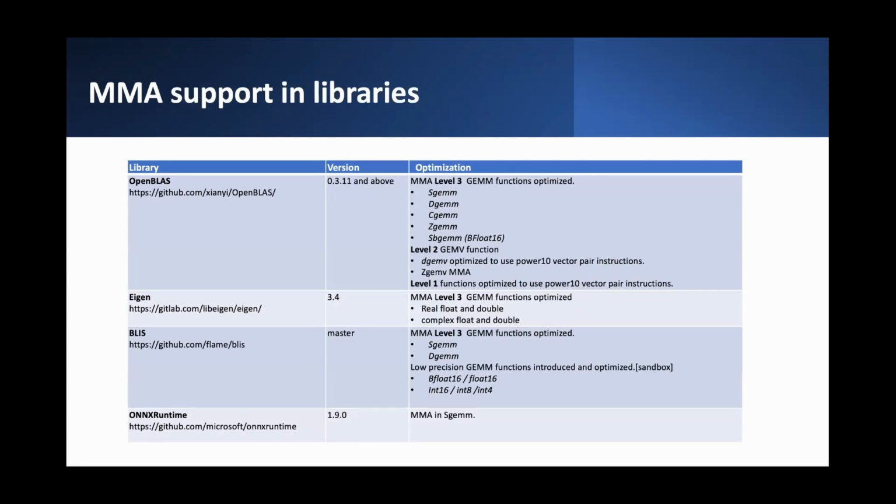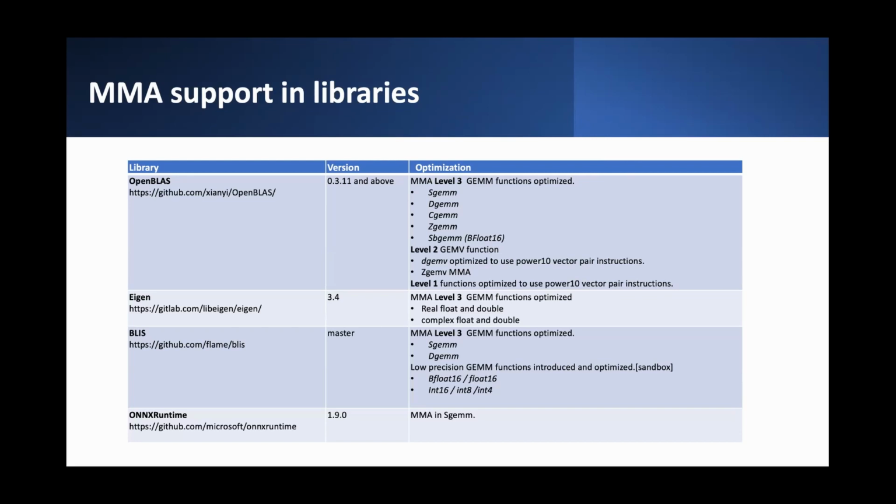So this is a quick summary of what we have optimized so far on the library side. This lists the name of the library and the link to get this library. As I said, these are all open source libraries, and from a particular version, the MMA optimizations are available. For OpenBLAS, it's from 0.3.11, and for Eigen, it is from 3.4.